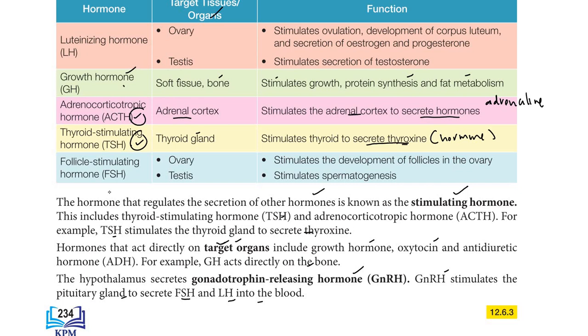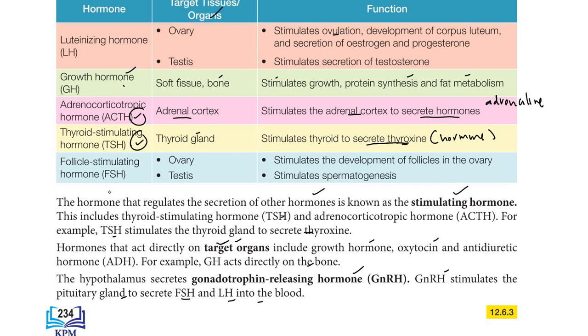Because you see the function here, ovary stimulates ovulation. Ovulation usually occurs in the menstrual cycle when you reach puberty. So during childhood, these hormones will not be secreted yet, because you have still not reached puberty.